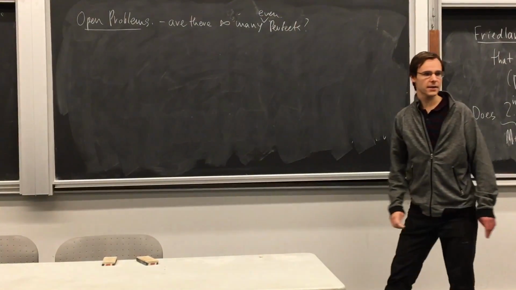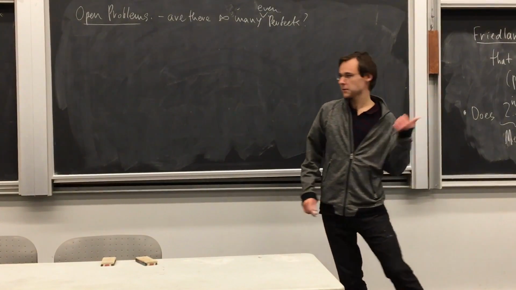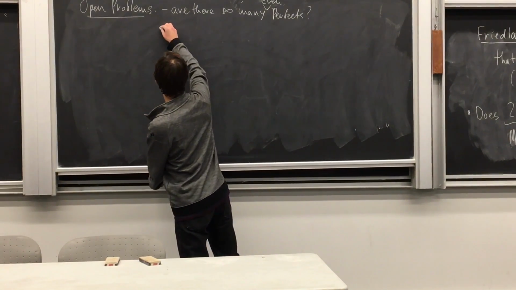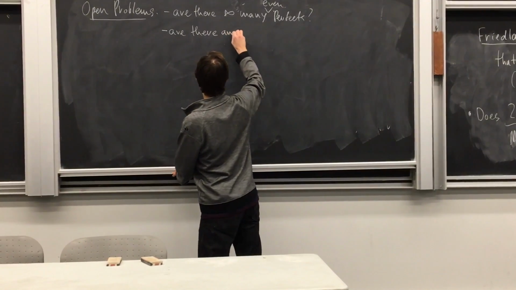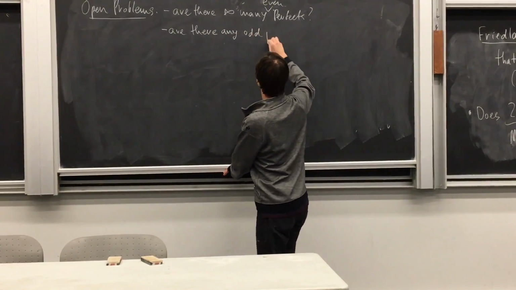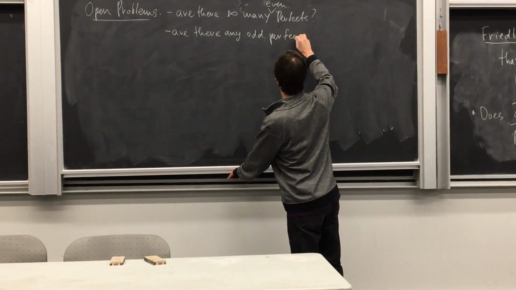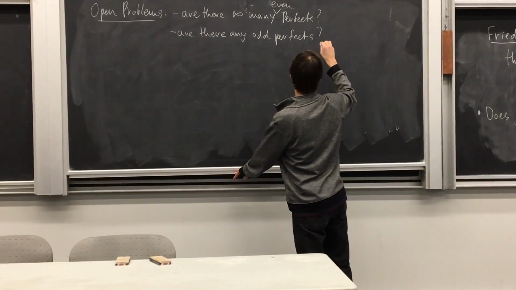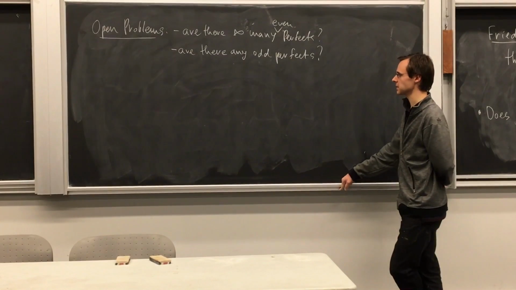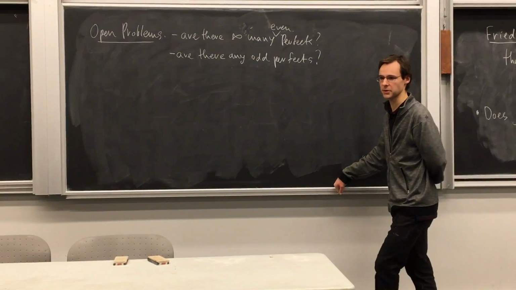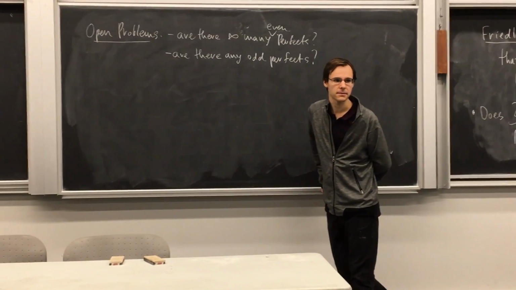All right, that's one open problem. It's equivalent to the Mersenne question. A second open problem is, are there any odd perfects? So far, the only perfect numbers we know of are even. The thought here is that no, there are no odd perfect numbers, but nobody can prove that.